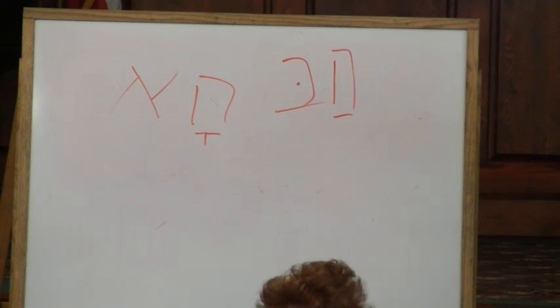But arim, cities, has a qamets underneath it already, and it's not accented. So it becomes he-arim, not ha-arim, because before ayin, the unaccented qamets becomes hey segol. And afar, dust, he-afar.